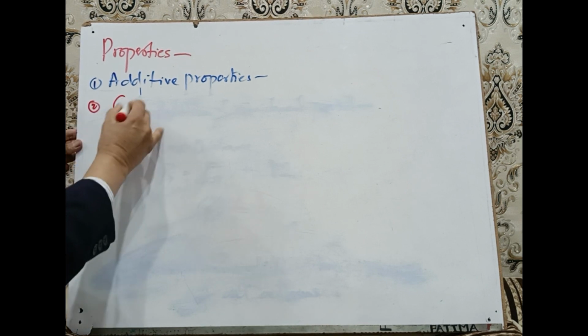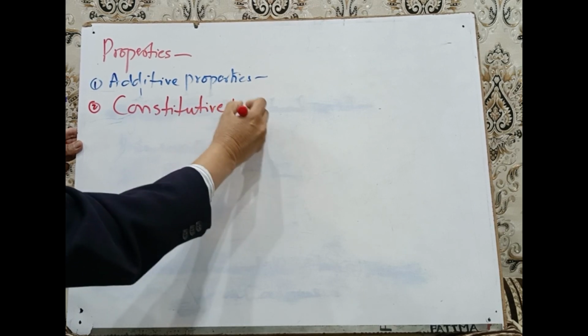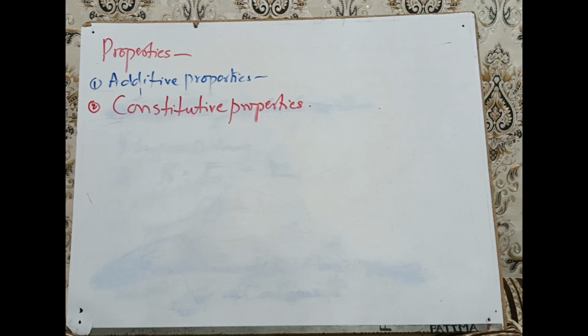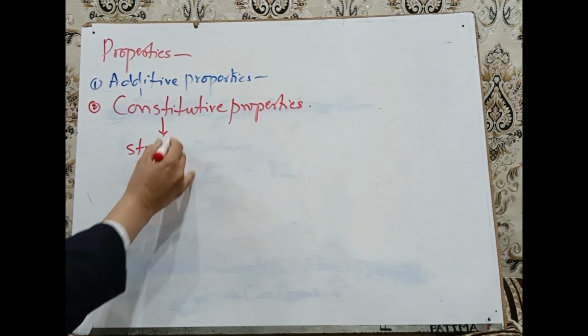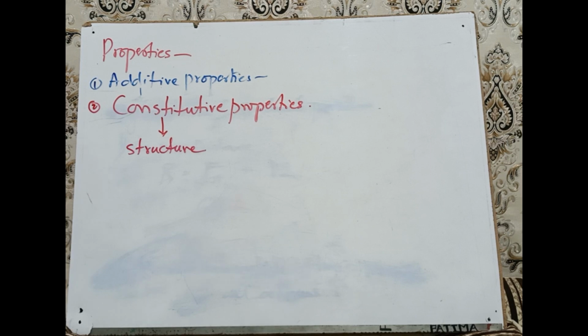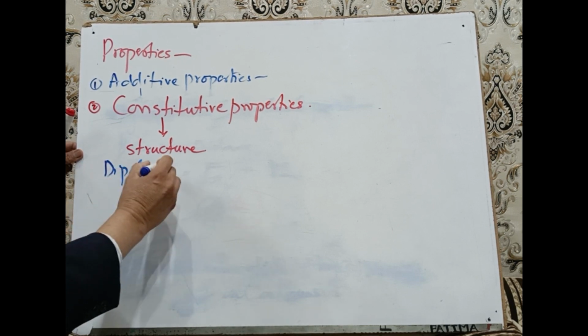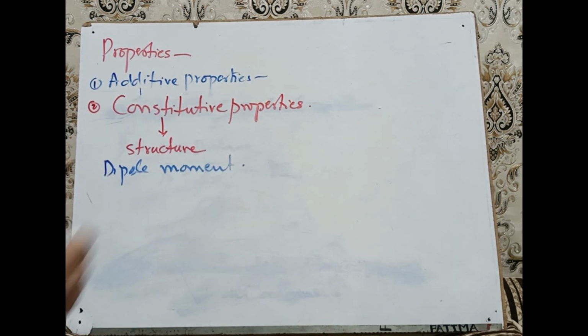These properties are called constitutive properties, which depend upon the constitution, बनावट, structure. जो structure पे depend करती हैं, they are known as constitutive properties. For example, dipole moment is a very interesting property. It depends upon the structure of the molecule also.